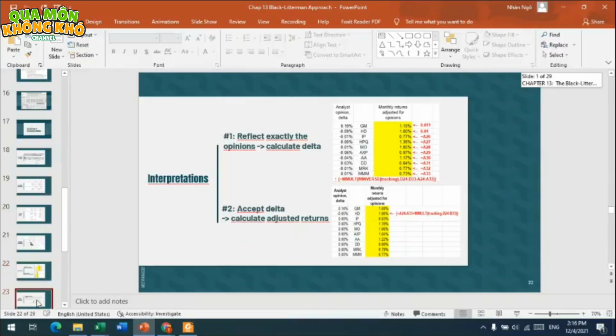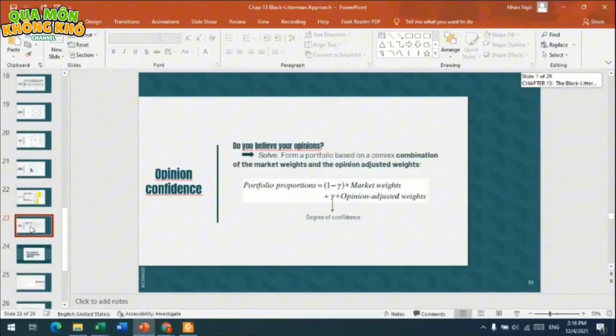So when you have opinions, there is always one question raised in your mind: do you believe your opinions, or how much do you believe your opinion? To solve this question, Black-Litterman will form a portfolio based on a combination of the market weights and opinion-adjusted weights.